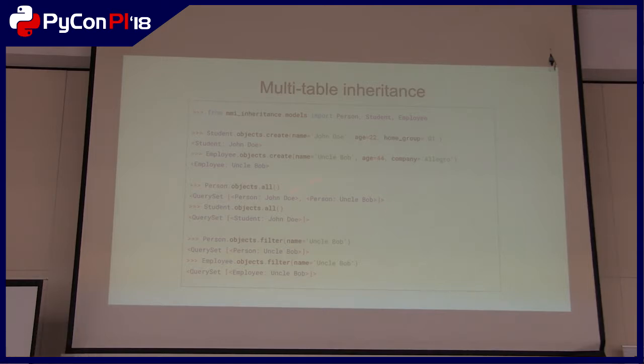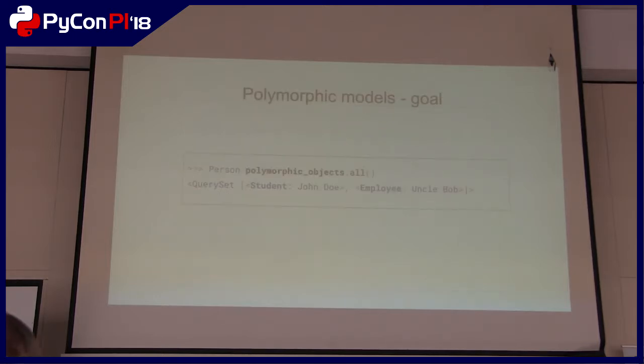We could of course run some filtering here, but what's most important is that the model that was requested will be returned. In polymorphic models, the goal is to call some manager on the person, our parent model, but not receive the person object, but our final child object. So we call it on the person, but receive student and employee.